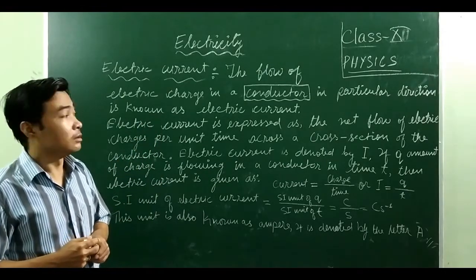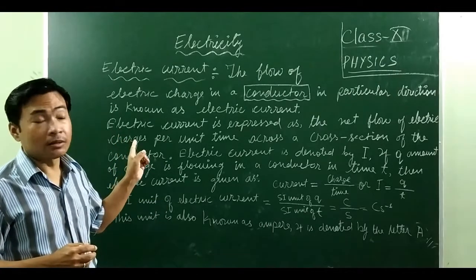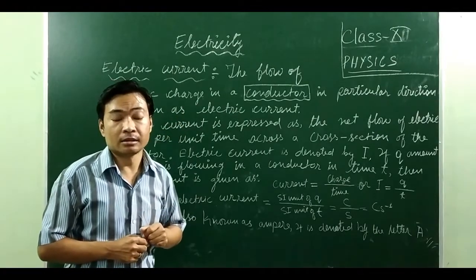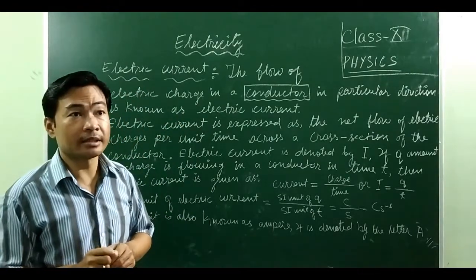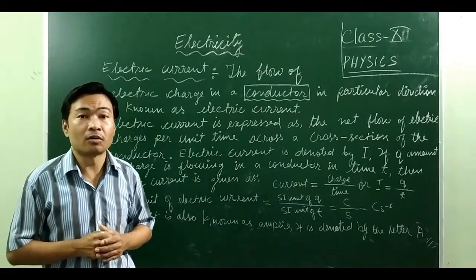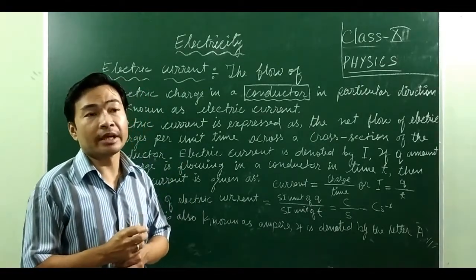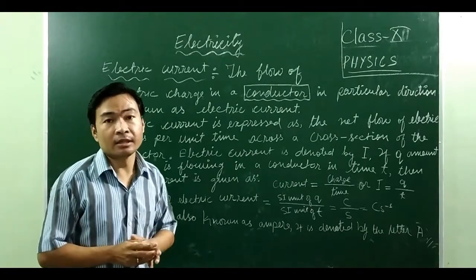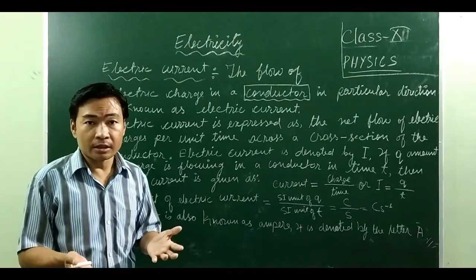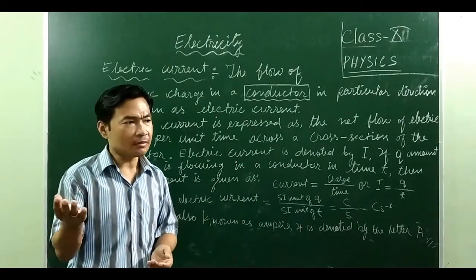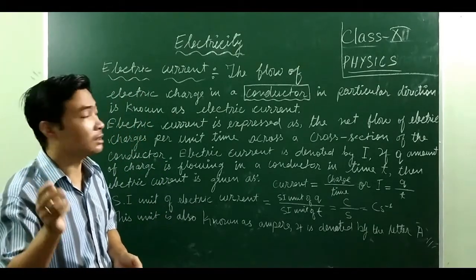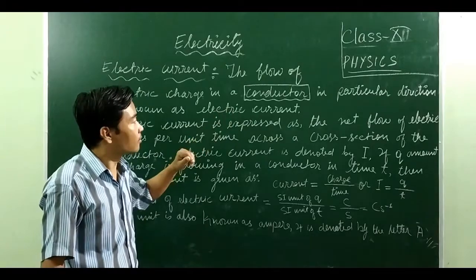In copper wire, the electric charge can flow. Insulators are those substances in which electric charge cannot flow or does not flow easily. They offer high resistance, like rubber, plastic, porcelain, and pure water. So current will flow only in a conductor. Okay, now let's move forward.